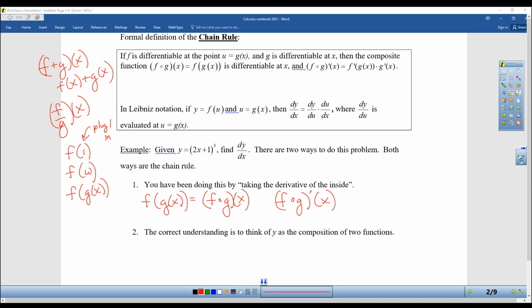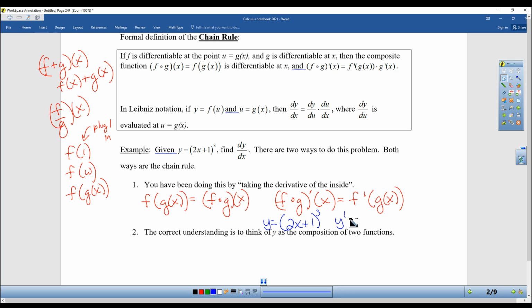So the derivative of f of g of x is going to be, now think about what you guys do. You take the derivative of f, but you leave g the same. You don't touch it. So I'll give you an example. Here's 2x plus 1 to the third. So this is your y.